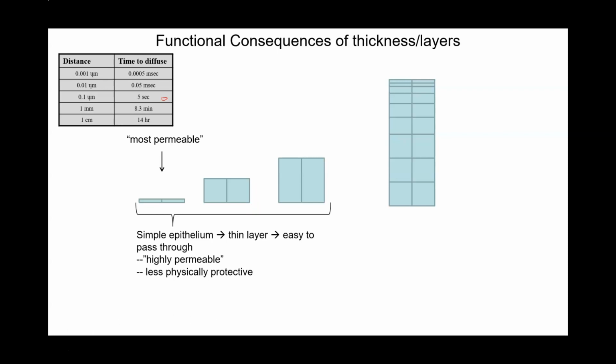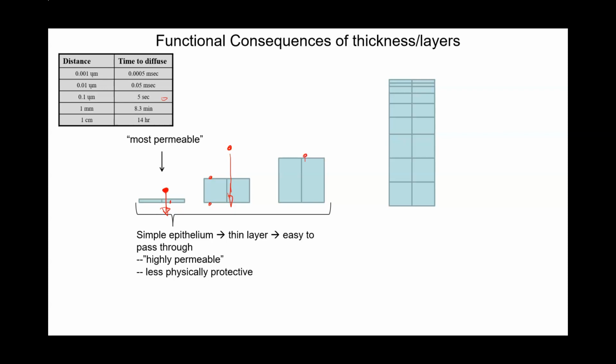So when you look at this situation right here, where you have a single layer of thin cells, it would be really easy for this red molecule to diffuse through it because the distance is small, and so it's going to diffuse rapidly. Here, the distance between the apical surface and the basal surface is longer, and so it's going to take this red molecule longer to diffuse because it's a greater distance.